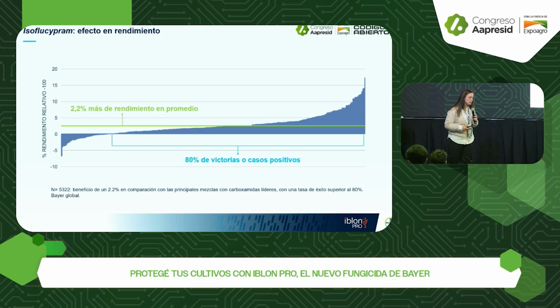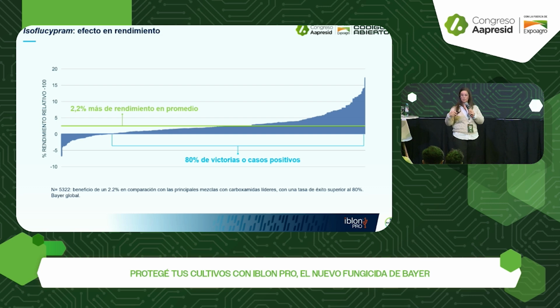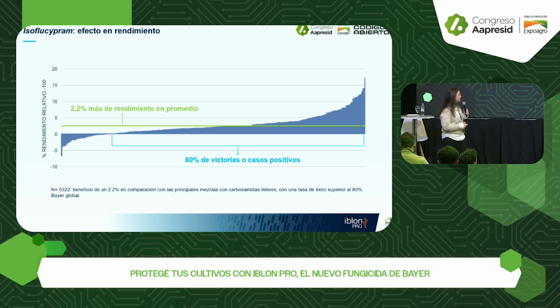I'm getting closer to the end. This is about yield, and basically this graph shows the impact. It's information taken from Bayer globally, and we will later see information about Argentina.